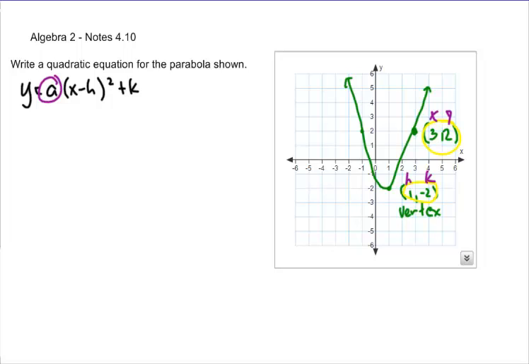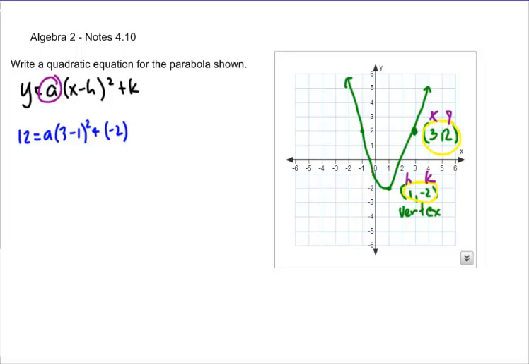Well, I've got y, which is 2, equals a times x, which is 3, minus h, well, that's going to be minus 1, squared, plus k, so plus negative 2.